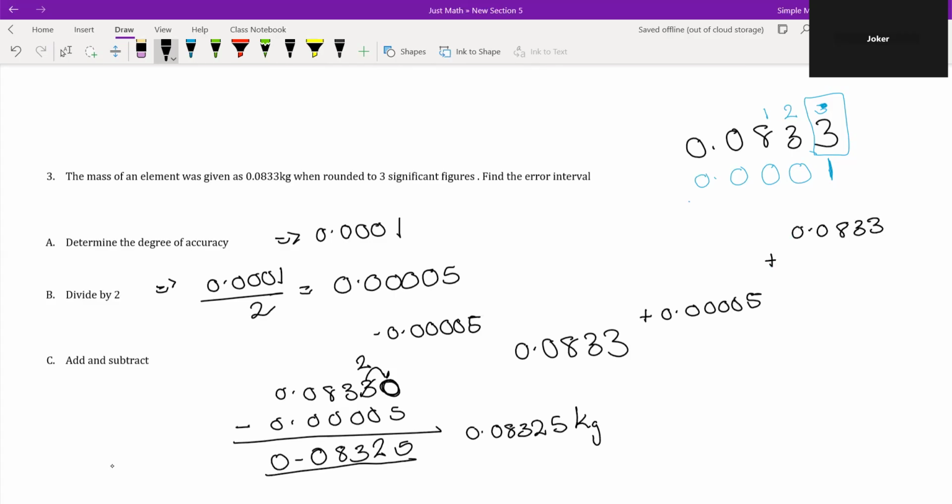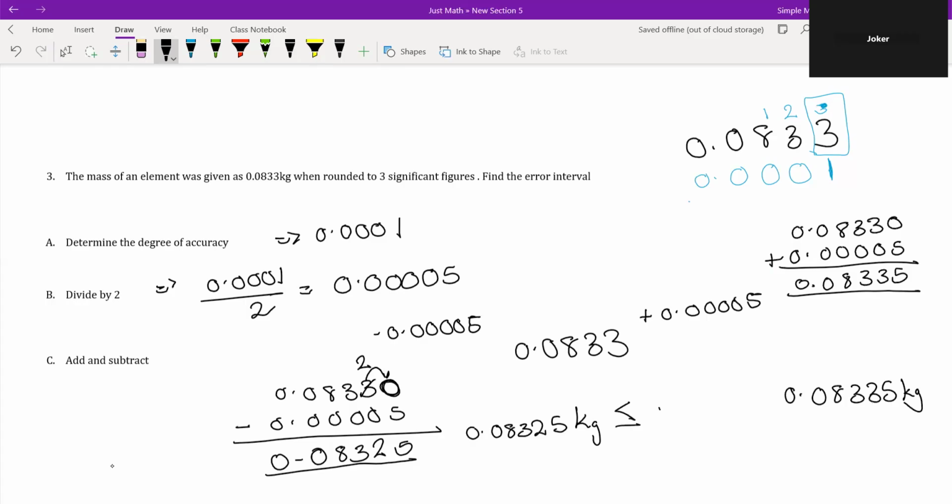And then on the other side, since we're just adding 5, let me also do it: 0.0833 plus 0.00005. I can add a 0 here so that the number of decimal places are the same. So 0 plus 5, everything else just 3, 3, 8, 0. So our upper limit is 0.08335 kilograms, and then we can just put x is less than this.